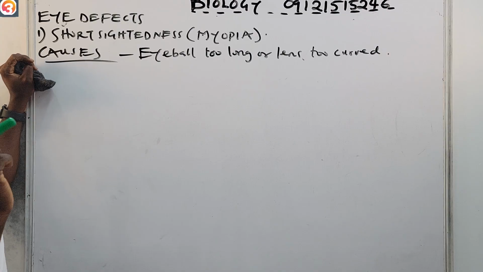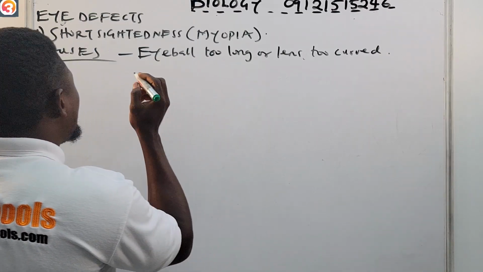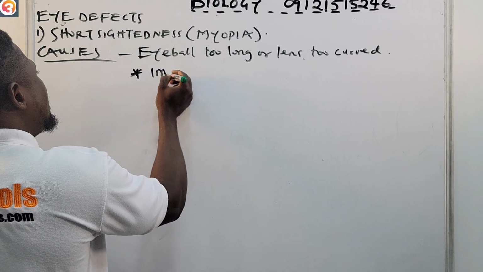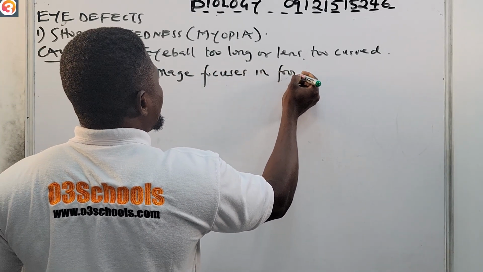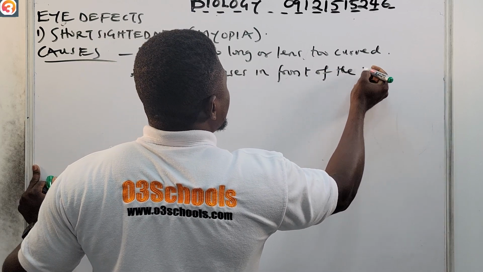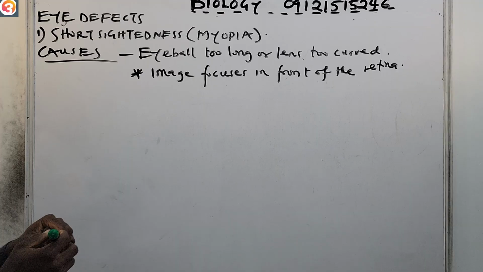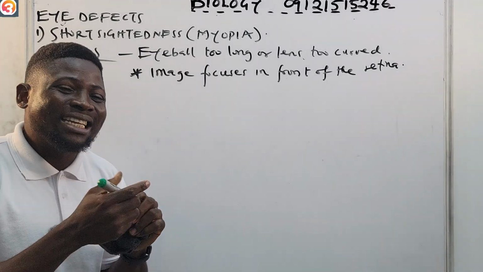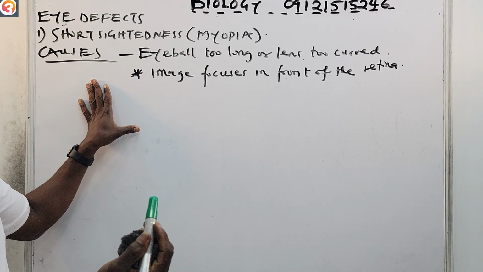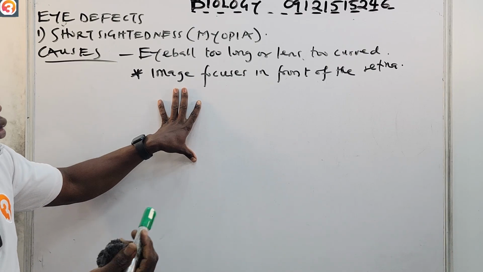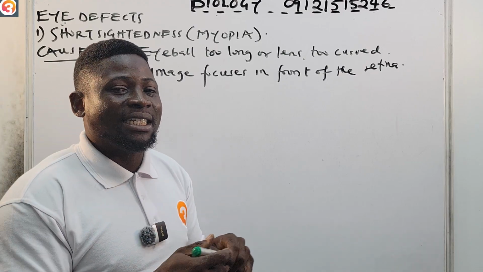And what happens to the image? In myopia, the image focuses in front of the retina. So in short-sightedness, the image focuses in front of the retina, and that is why you can see objects that are near.